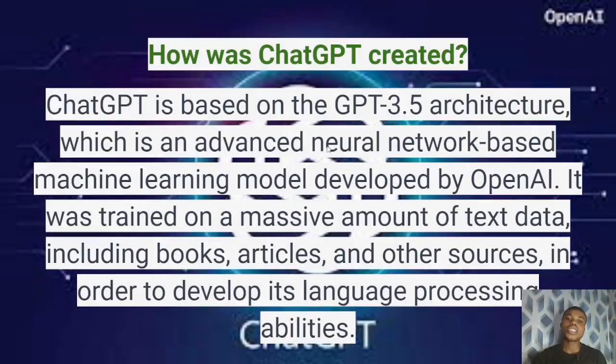So the next thing is, how was ChatGPT created? According to ChatGPT, it is based on the GPT 3.5 architecture, which is an advanced neural network-based machine learning model developed by OpenAI. It was trained on a massive amount of text data, including books, articles, and other sources, in order to develop its language processing abilities.